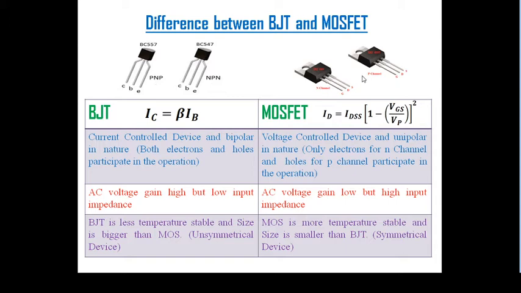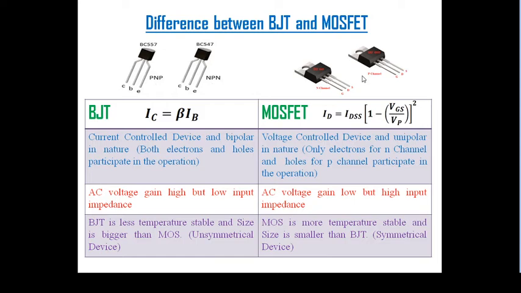The next difference: BJT is less temperature stable, its size is bigger than MOS, and in general it is unsymmetrical in nature. If we go through the fabrication steps, we find that BJT fabrication is much more complex in comparison to MOSFET.